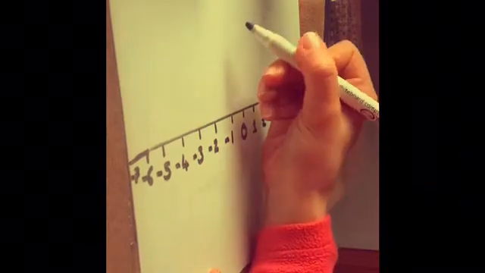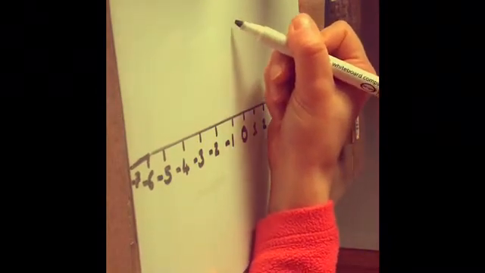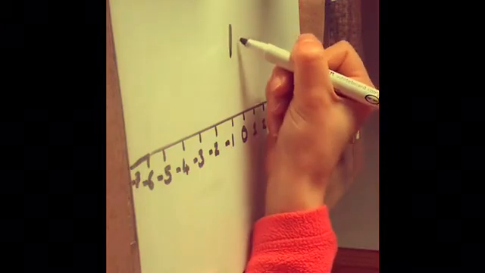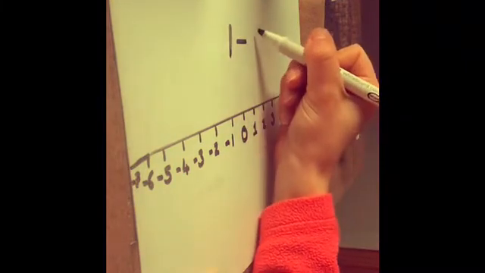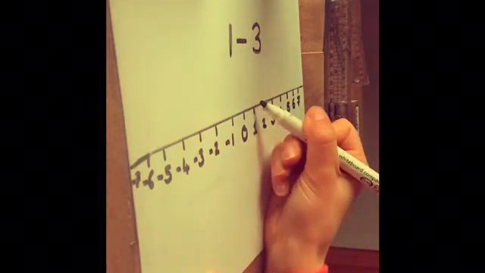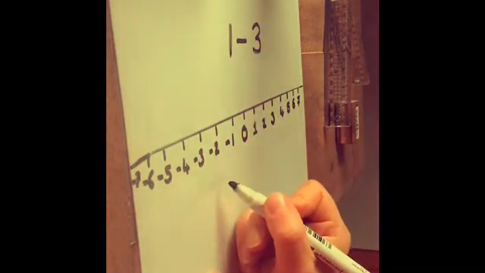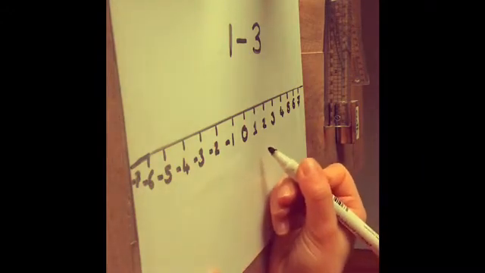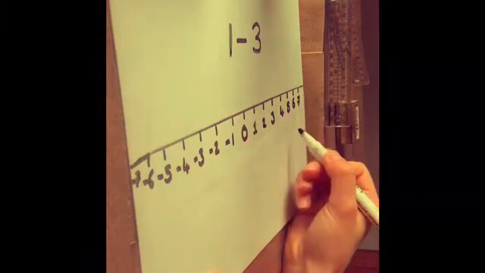So I'm now going to show you how to use negative numbers and positive numbers in a sum. So let's say, for example, we had 1 take away 3. Well, I'd start at my 1, and when we're subtracting, we are going backwards. When we are adding, we're going forwards.